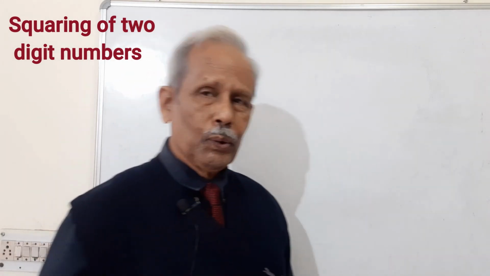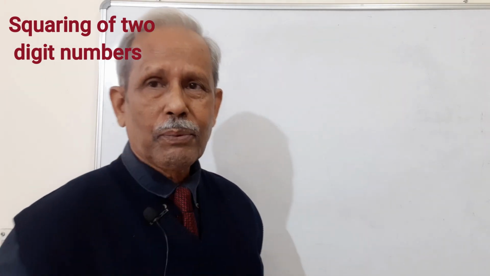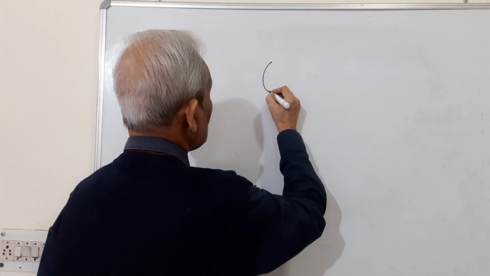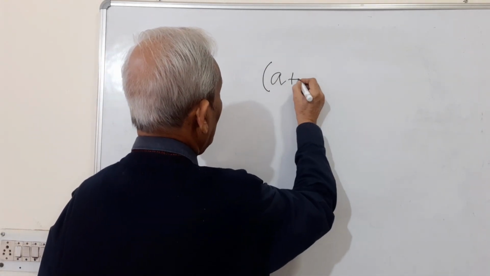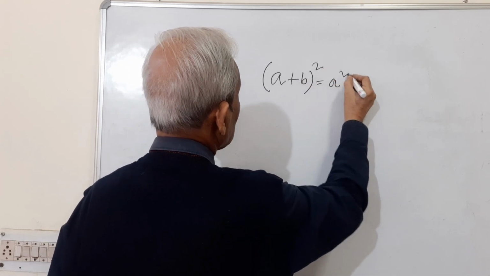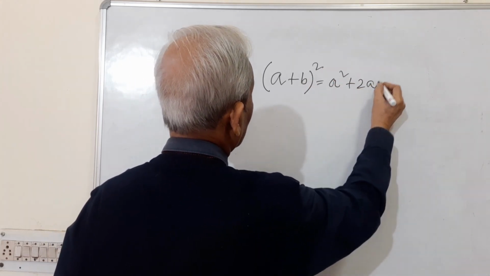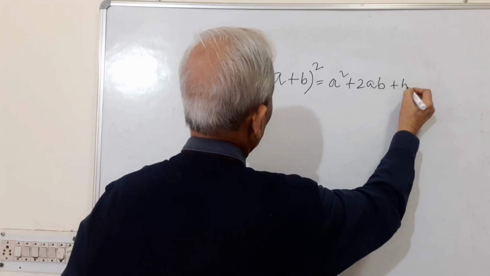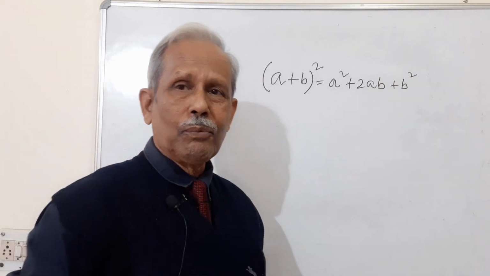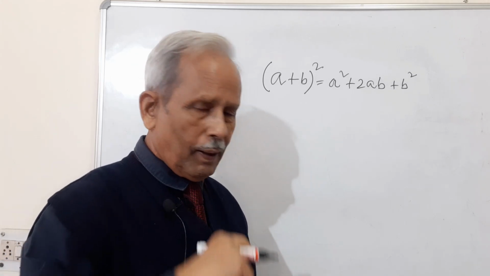Well, to do this, the first thing you have to remember is the algebraic formula which you have done in your school: (a plus b) whole square is equal to a square plus 2ab plus b square. All of you remember it. It's a very initial algebraic formula.